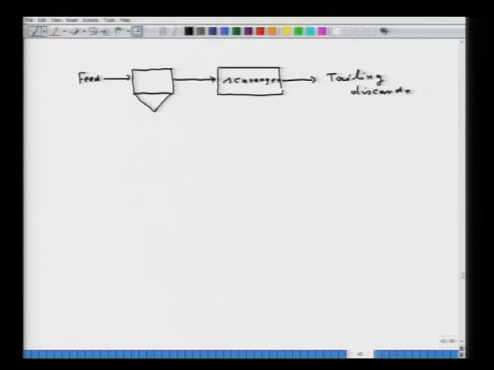Now, the concentrate is further subjected to a grinding operation, as it contains some unliberated particles, and now this grinding product is again taken to the feed.